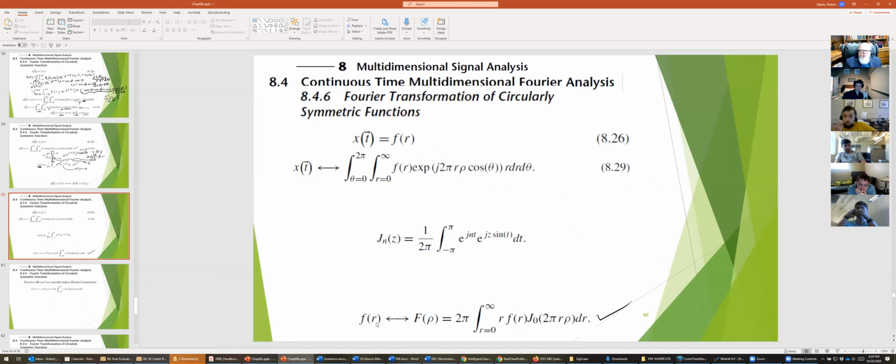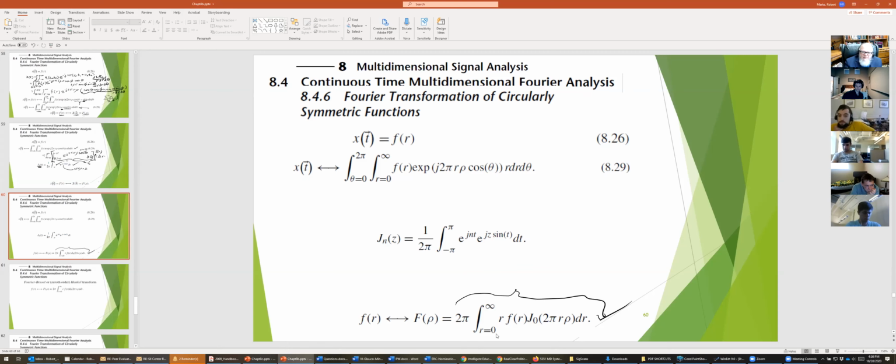The circularly symmetric function f of r Fourier transforms to f of rho, also a circularly symmetric function, which is given by this integral.